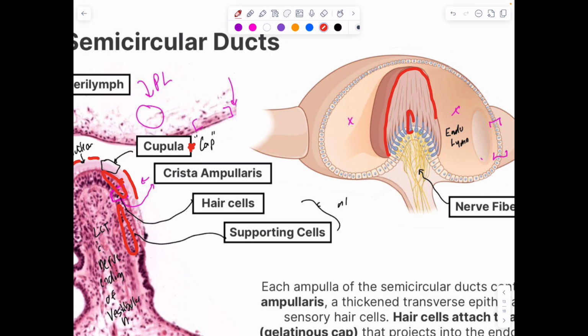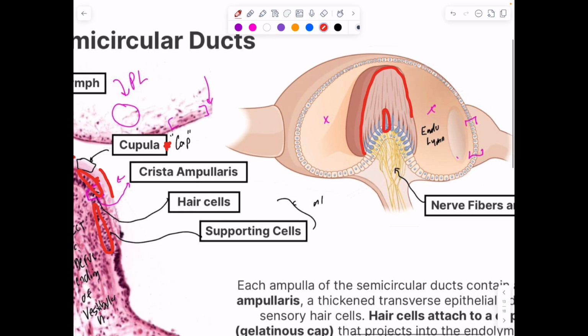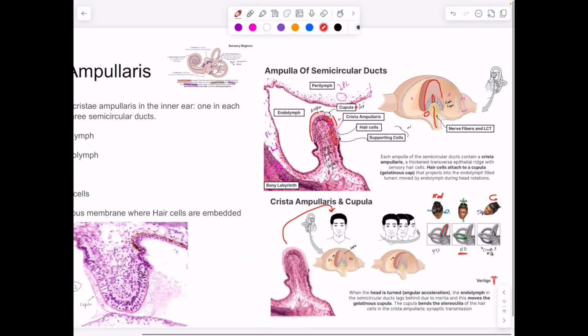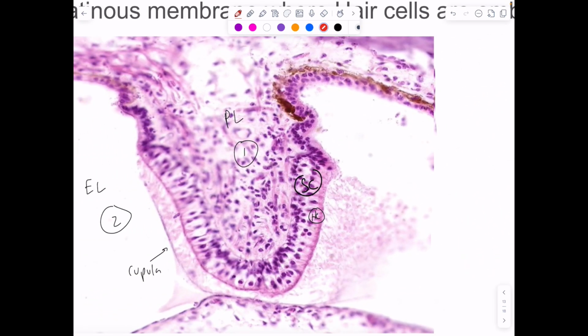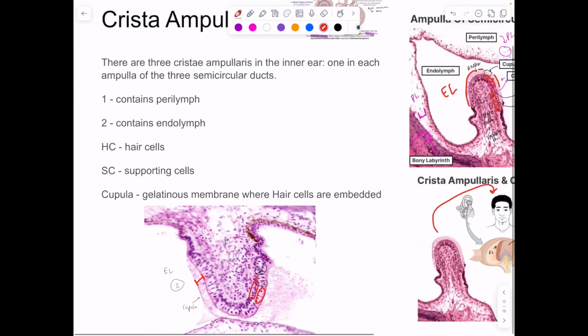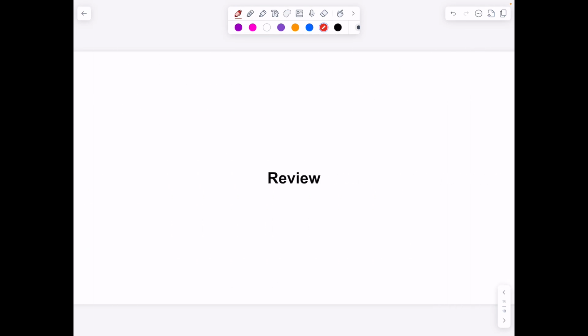These are our hair cells overall, and they have the nerve fibers going down, and then these are the supporting cells. And you have endolymph, and other than that, it's pretty straightforward. So supporting cells, hair cells, this is the cupula, our gel membrane, and then this right here, osseous, is perilymph overall. So not too bad.